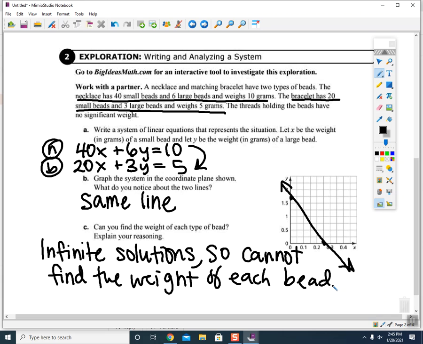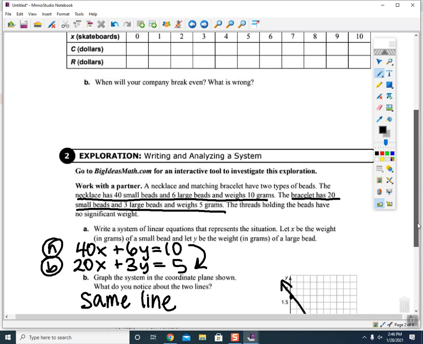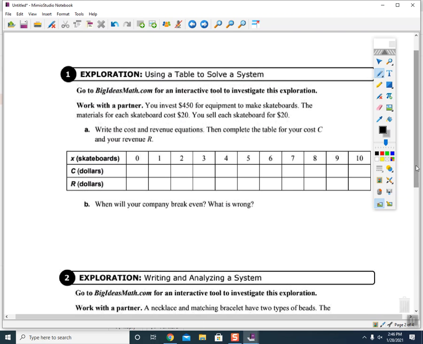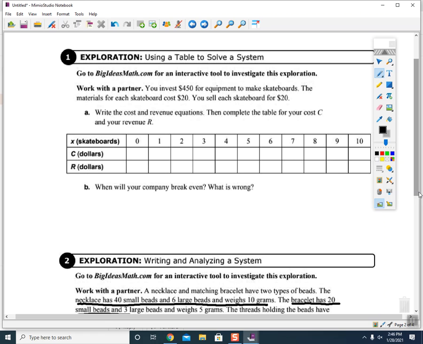If I were to have 40 small beads, like little glass beads in a bowl, and I measured each individual bead, would they all be the exact same? The answer to that is probably not, right? They would probably not all be the exact same, so it makes a little bit of sense in that case.